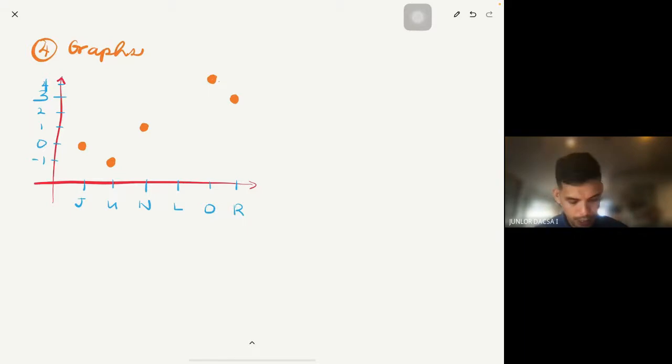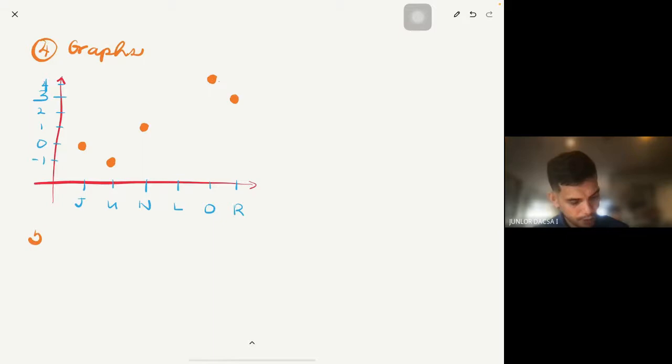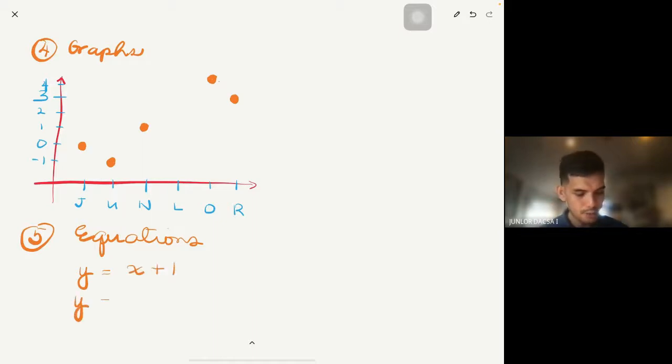Another example is through equations. So number 5 is through equations. So it can be y is equal to x plus 1, y is equal to 2x squared plus x minus 3.